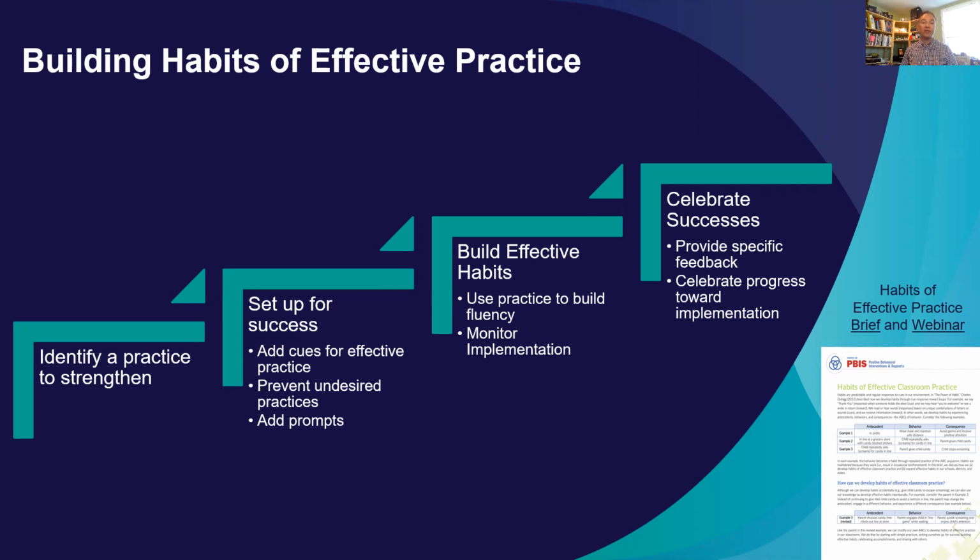Also, engage teachers in explicit practice to build their fluency, such as how to respond to those situationally inappropriate behaviors. And also, be sure to celebrate teachers' successes through positive feedback. They need feedback, and especially positive feedback too. For more information on how to build new habits of effective practice, be sure to check out the available brief and webinar focused on habits of effective practice on pbis.org.